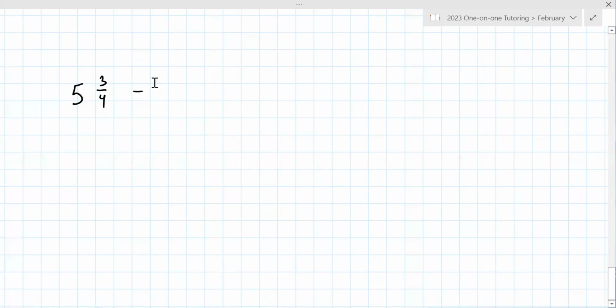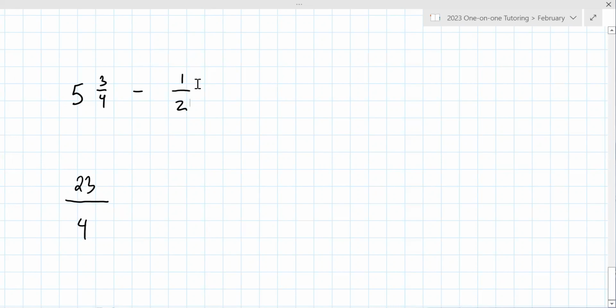So we're going to do 5 3/4. So I want you to first convert that to an improper fraction, please. 23/4. Good. And let's say we want to subtract 1/2 now.